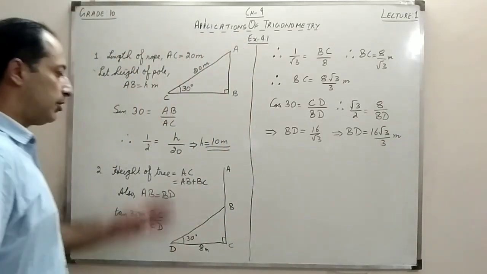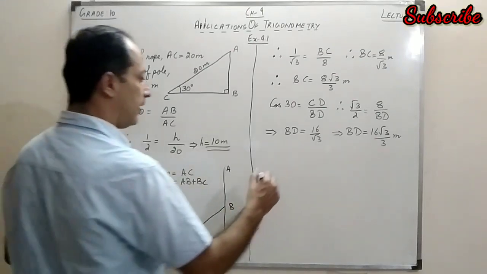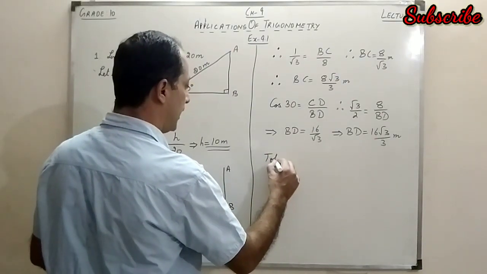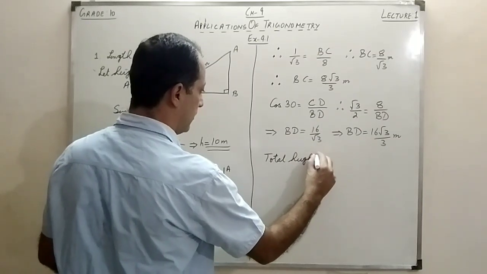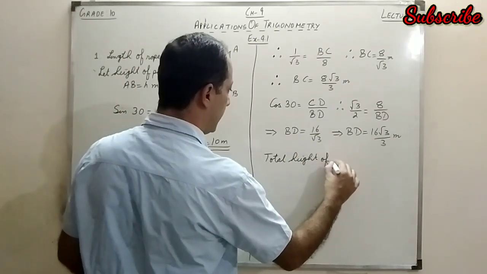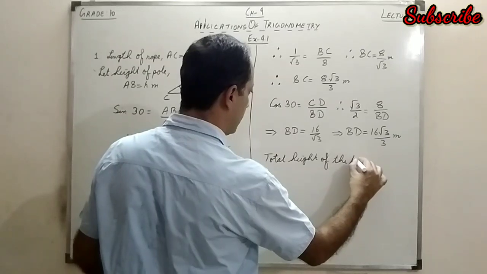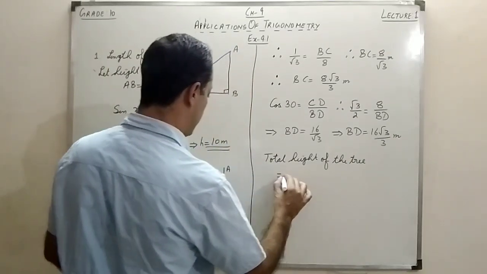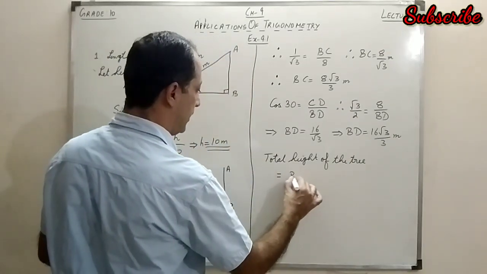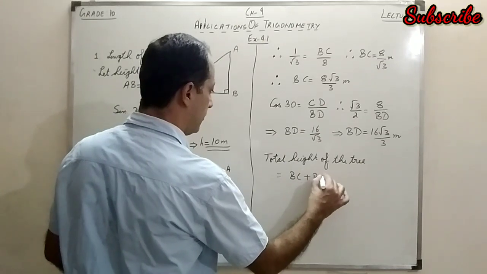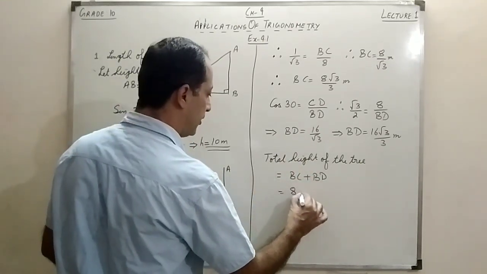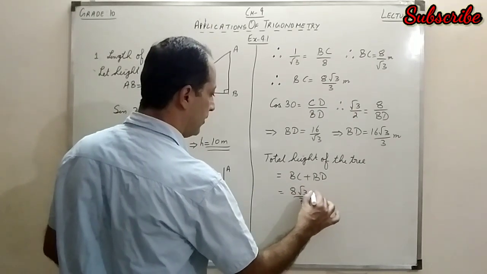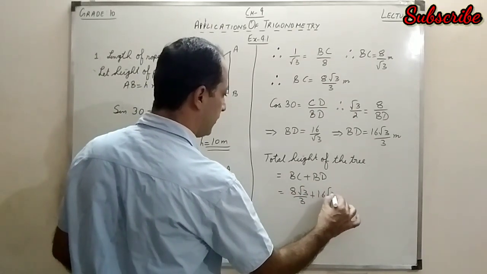Now the total height of the tree equals BC plus BD. Now BC is 8 root 3 by 3 plus 16 root 3 by 3.